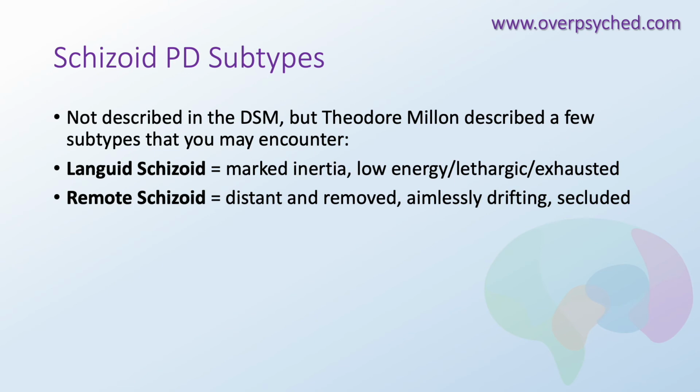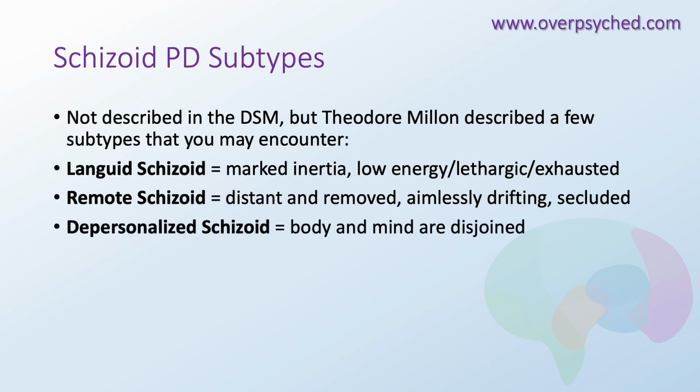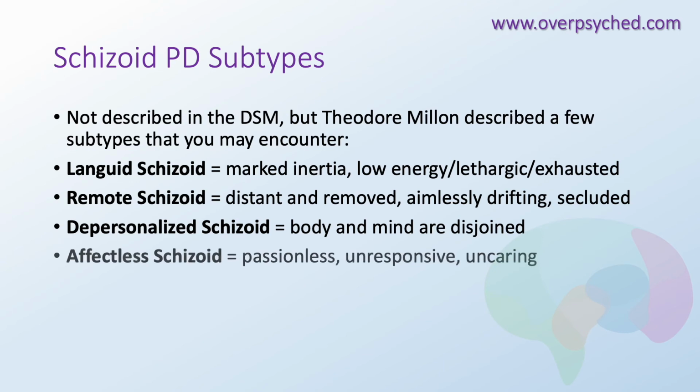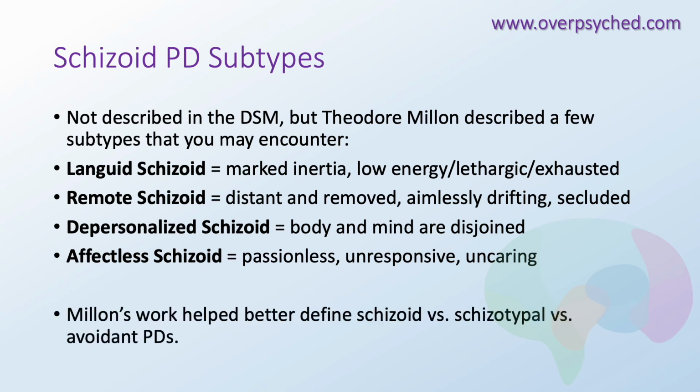Then there is depersonalized schizoid, where the body and mind are disjoined. And finally is affectless schizoid, or passionless, unresponsive, or uncaring. And as a side note, Theodore Millon's work helped better define schizoid from schizotypal and avoidant personality disorders.